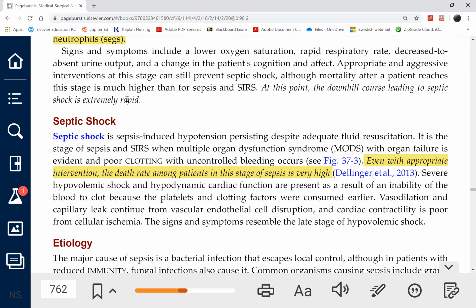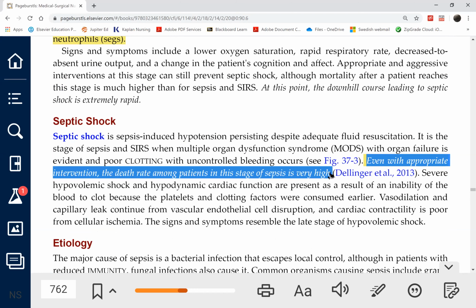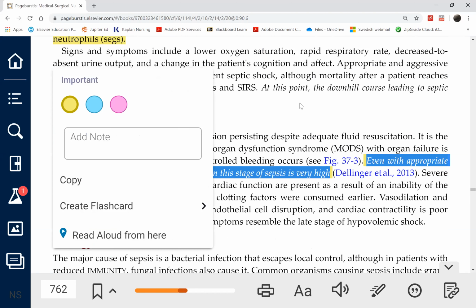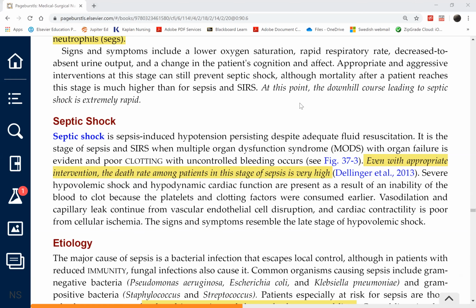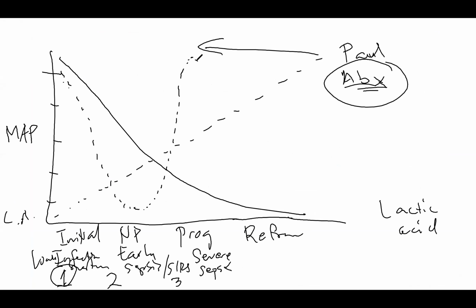And once we hit septic shock, because this is the next stage, what does this say here? Even with appropriate intervention, the death rate among patients in this stage of sepsis is very high. All right, so what will happen next once they hit septic shock is this will drop sharply.